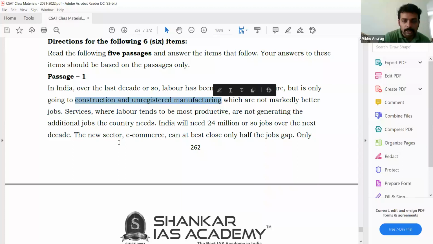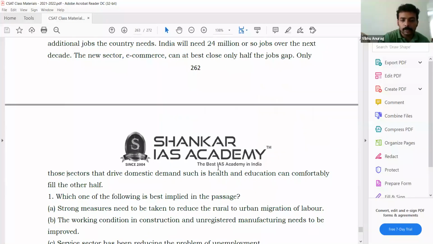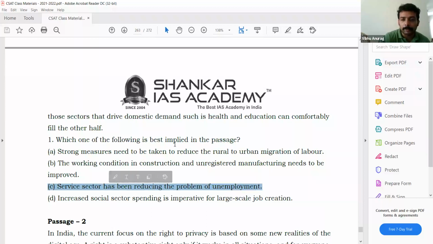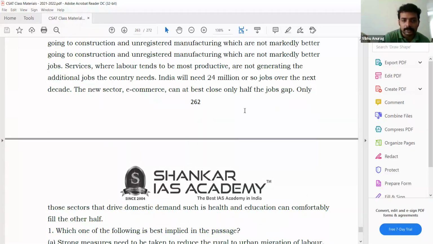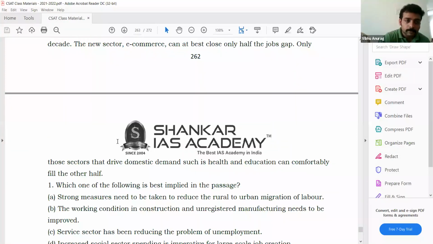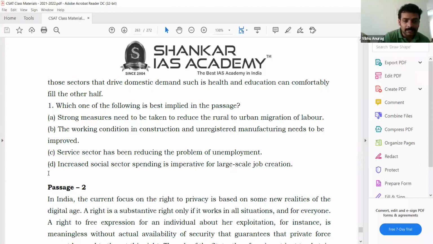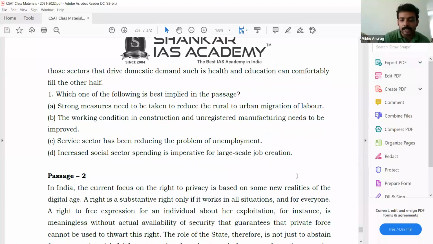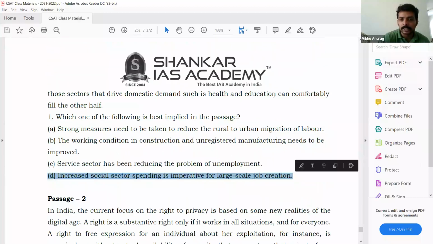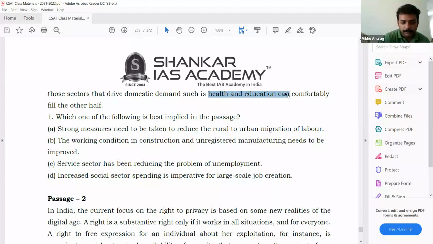He is talking about creating jobs in the health and education sector. So it's not C either, that the service sector has been reducing the problem of unemployment, because he's clearly saying the opposite, that services are not generating the jobs that we need. And D says increased social sector spending is imperative for large scale job creation. Imperative means important. So yeah, that's correct. Health and education is the social sector he's talking about. So the first answer is D.